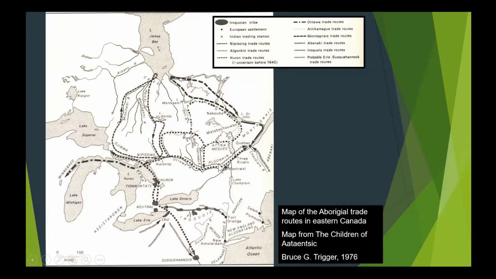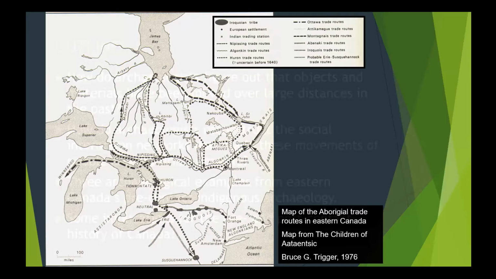These run primarily, as you can see, along the Ottawa River, the Upper Great Lakes, and the Lower Great Lakes to New York, and then up to James Bay. This is from Bruce Trigger's book, Children of the Aataentsic. Again, we've known for quite a while that First Nations had pretty extensive travel and trading routes across the Northeast.